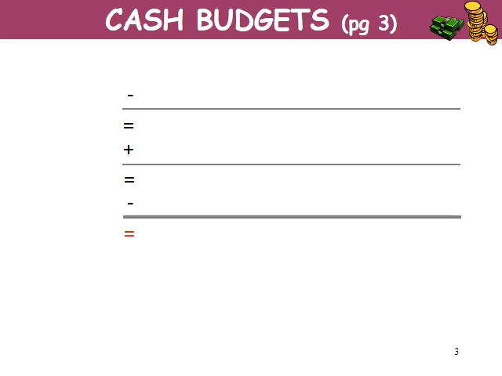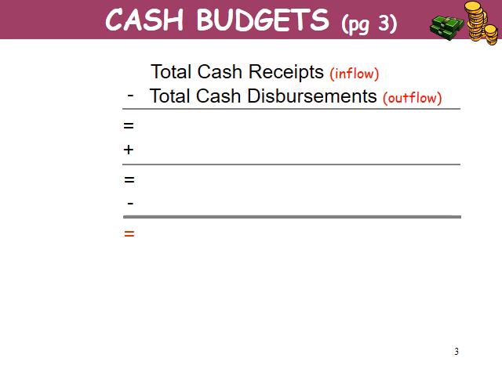Let us look at this formula to find cash surplus or cash deficit. Total cash receipts inflow minus total cash disbursement outflow gives you net cash flow.